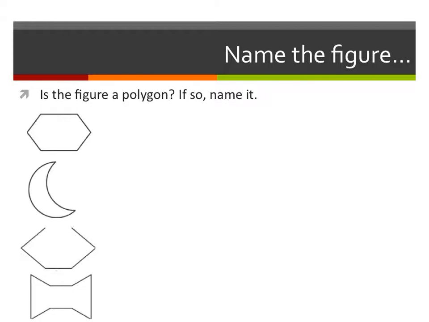Isaiah, is the first figure on the screen a polygon? Yes. What is it called? It's called a hexagon. Yes. It has 6 sides. What about the second one? Aiden? No. Why not? Because that's one of the ones you said wasn't.